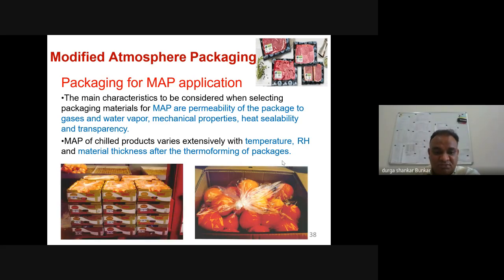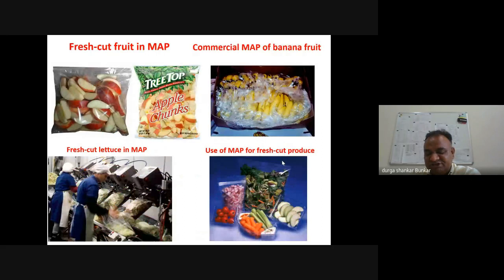To control this, we can use parameters like temperature, RH (relative humidity), and material thickness, and we can use multi-layer packaging material to minimize the permeation during storage.